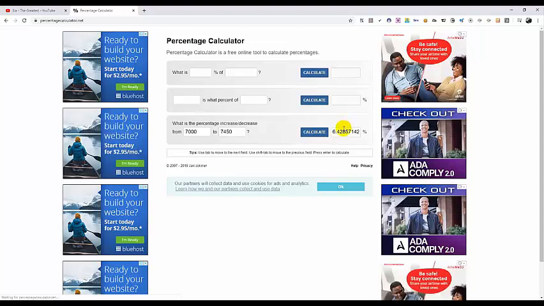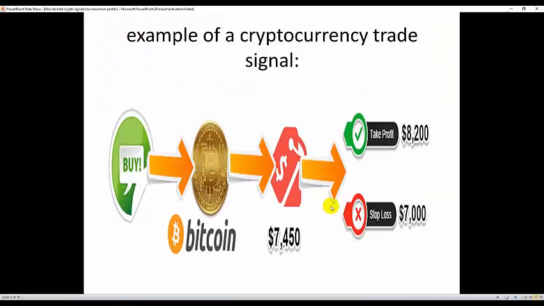So 6.4% is the amount you are willing to lose. When we get to risk to reward, you will understand what this is all about and how you can calculate your portfolio so that you wouldn't be losing a whole lot of money on this. Okay, so that is it about this. Let's continue.